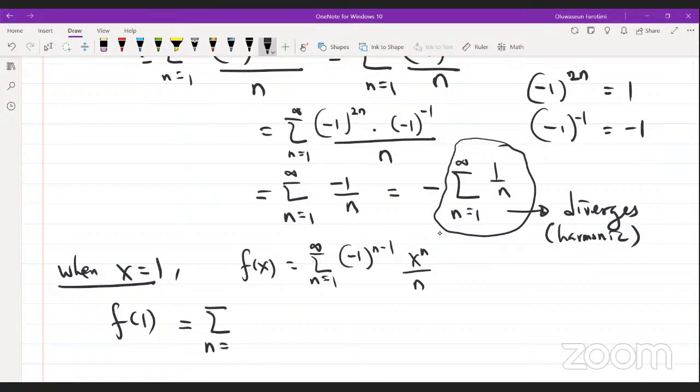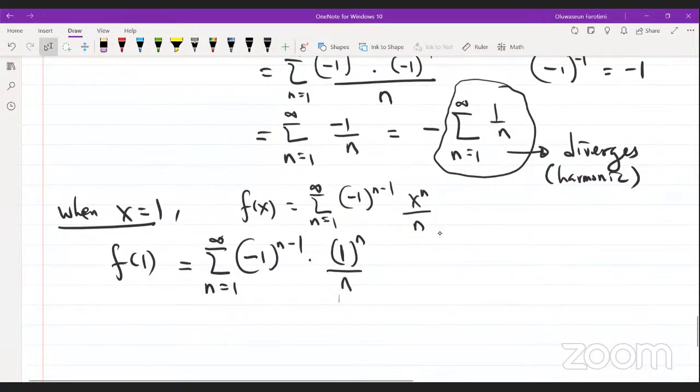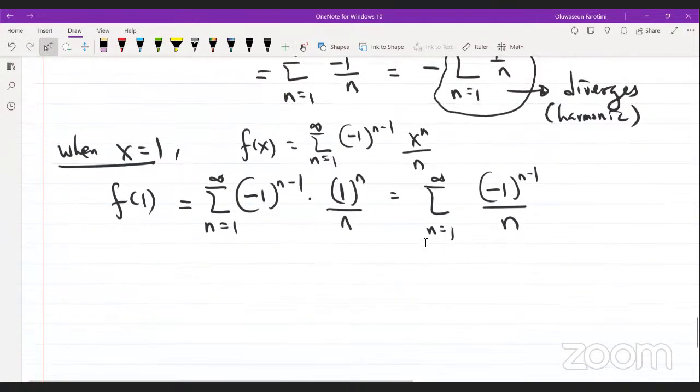It becomes n goes from 1 to infinity, negative 1 to the power of n minus 1, then you do have a 1 on top, 1 to the power of n divided by n. But keep in mind that 1 to the power of n is just 1, right? You have something like this. But can you guys remember what we call this guy?